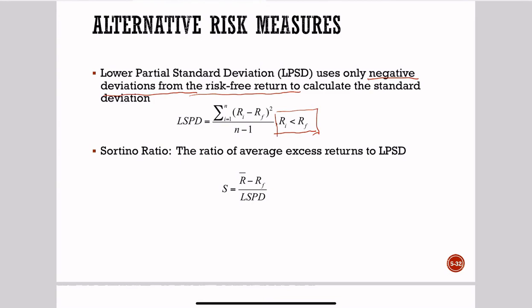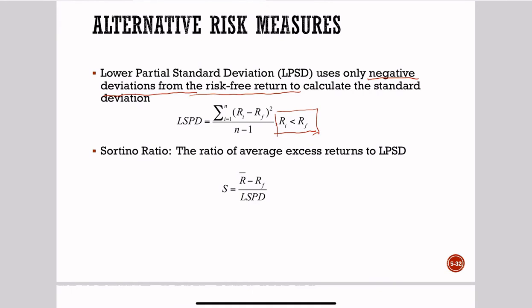What truly makes you worry, right, is these losses. So you will just want to calculate the returns which are below the risk-free rate. And you can see that if a return is below the risk-free rate, then the excess return is negative.